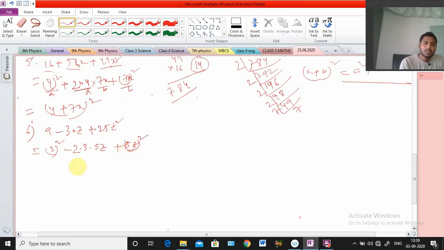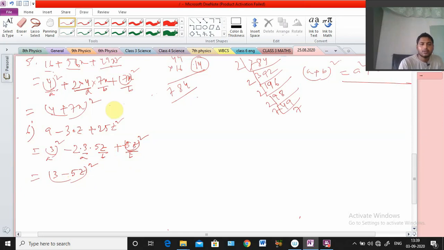Clear or not? So this one is a, this one is b, this one is a into b. Okay, so what formula is this, sir? The a minus b whole square formula, that means 3 minus 5z, 3 minus 5z whole square. Understood? Clear everyone?